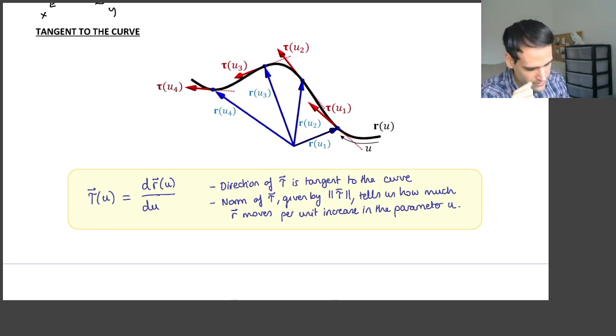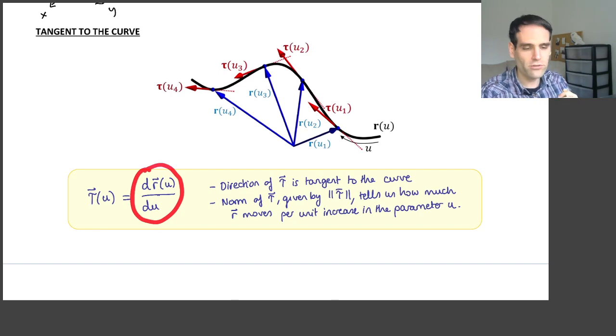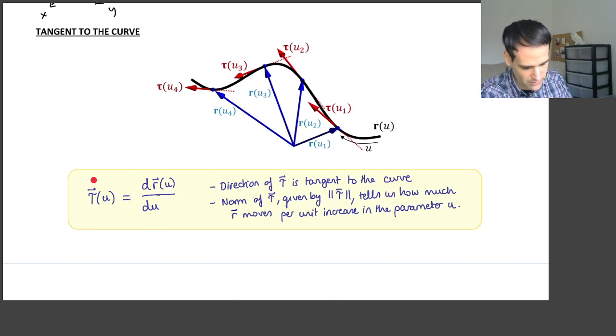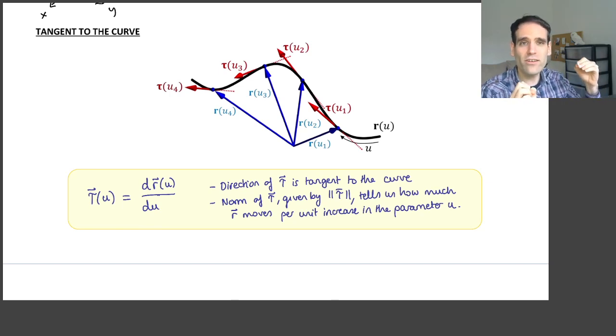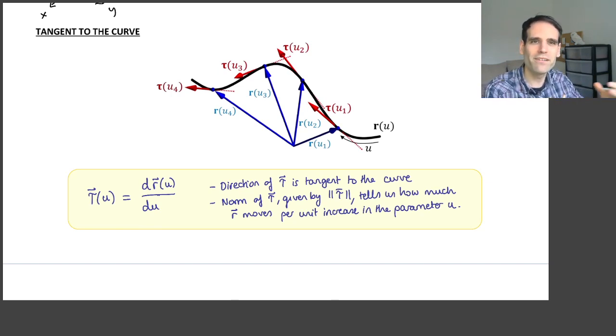So then if you calculate the derivative of the position with respect to time, you are basically getting a vector which would be the velocity of the fly, right? So that velocity vector is tangent to the path of the fly, and the length of that velocity tells you how fast is the fly moving. In other words, how fast is the position of the fly changing per unit increase in time, yeah, per unit time. So that's just an example in which the parameter is time.